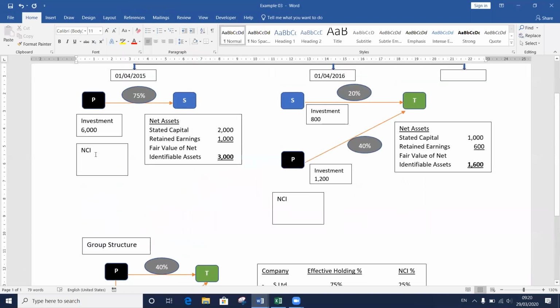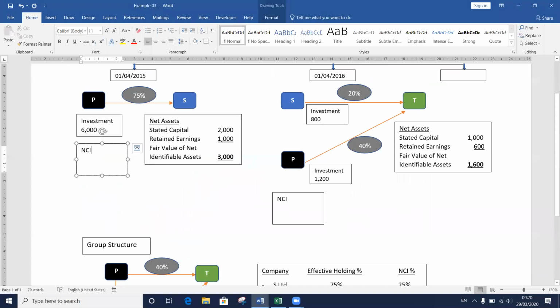Okay. Now we can determine the NCI values. NCI, I told you there are two bases. One is the proportionate basis, the other one is fair value basis. So here we have to make use of the proportionate basis. There are net assets worth 3,000 of S Limited as at the acquisition date.